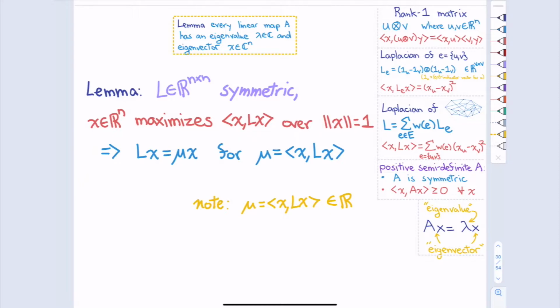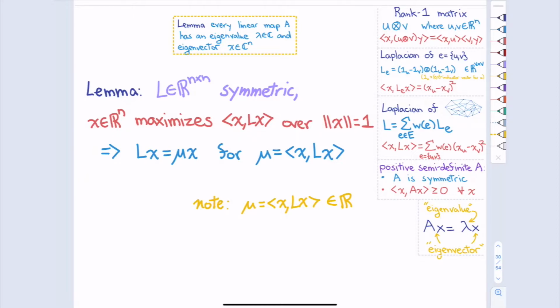And not only that, but mu is going to be equal to the optimum value of this optimization problem. And since x is real valued and L had real coefficients, xLx is also real valued. So mu will be a real valued eigenvalue.